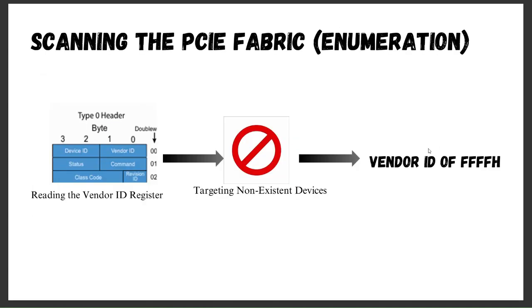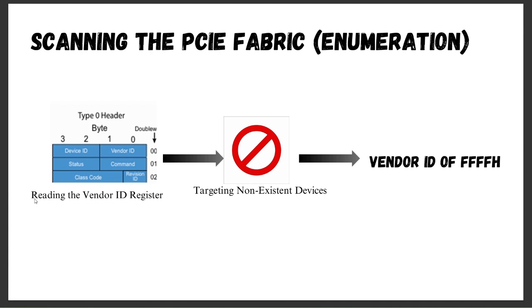Scanning the PCIe fabric. Enumeration involves the configuration software searching for devices on each bus by sending configuration read requests to each potential bus, device, and function combination. Here's how this process is carried out: reading the vendor ID register.